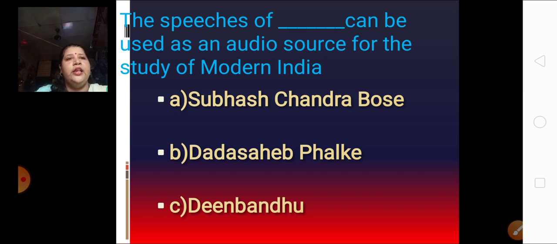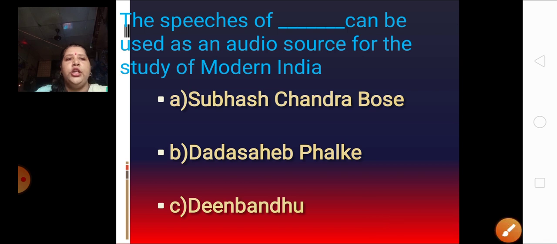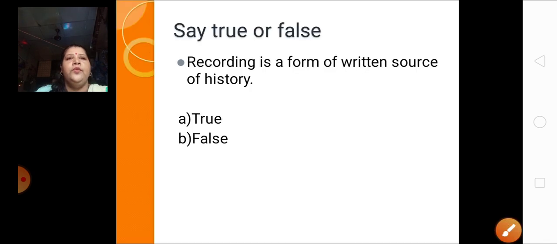Yes, correct. It is Subhash Chandra Bose. So what are you going to do over here? You are going to click on the option A like this, and this is the way you are going to choose the correct alternative.